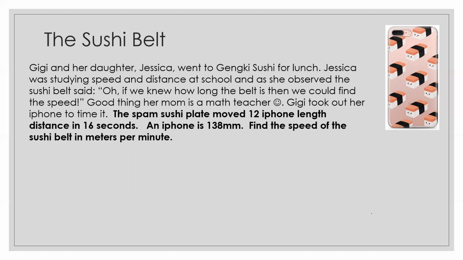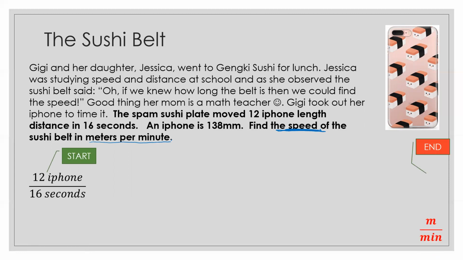Okay, so same thing here. We're gonna say, where is my starting point? Where is my ending point? Because it said, what is the speed in meters per minute, I know I'm gonna end in meters per minute, and I am going to start with the speed, right?